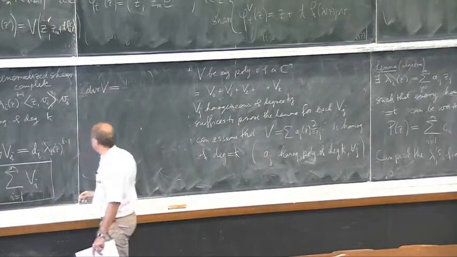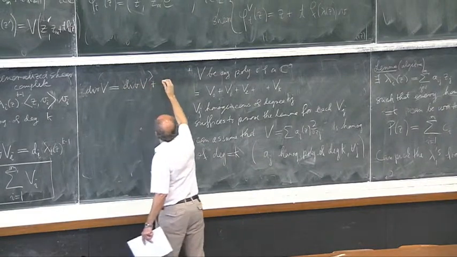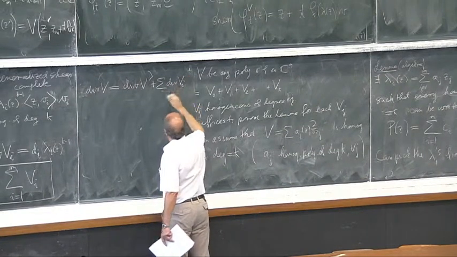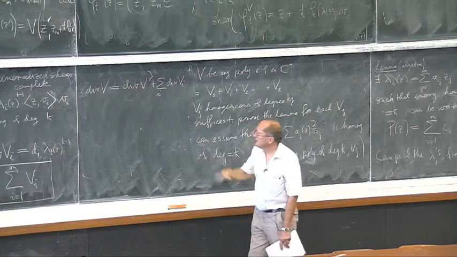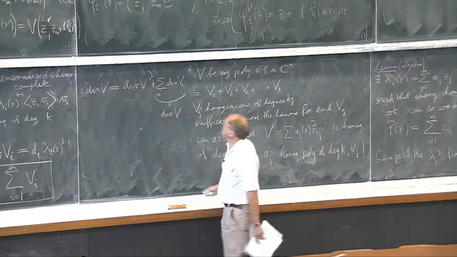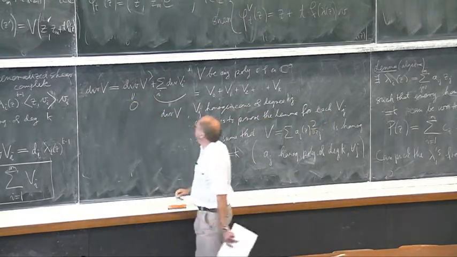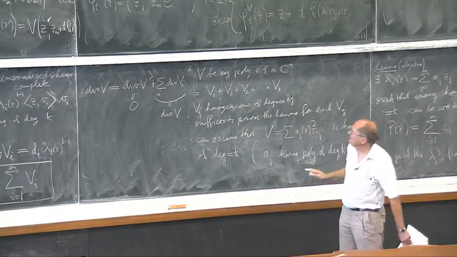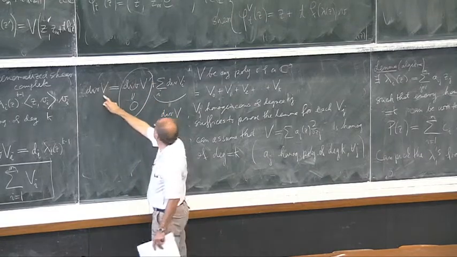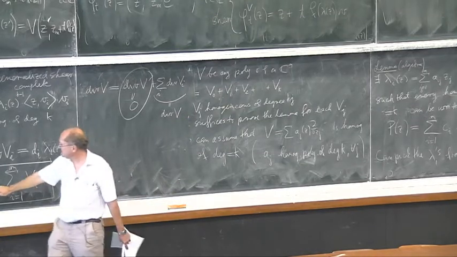Divergence is additive, as you can easily see. So it's equal to the divergence of v prime plus the sum of divergences of v_i. But just by my construction, this is the same as the divergence of v. This is by my construction. So the conclusion is that this is equal to 0. Okay, so by doing this, I have reduced the problem to the case of vector fields with divergence 0, because I have written any v as good guys plus something I don't know.